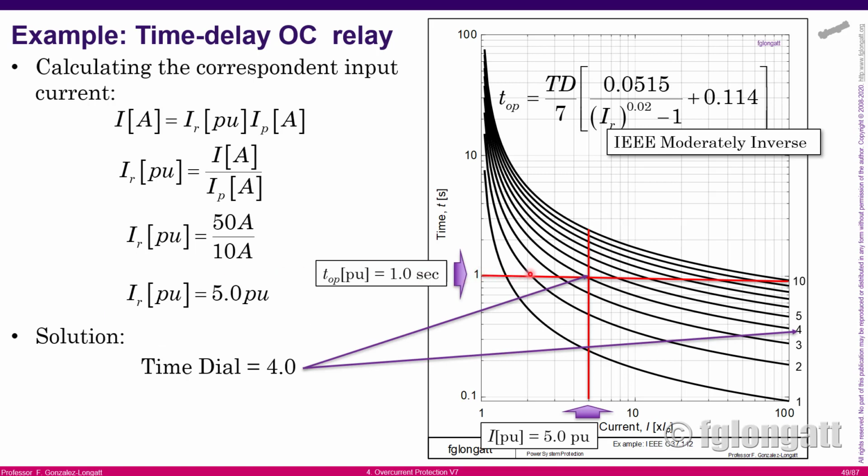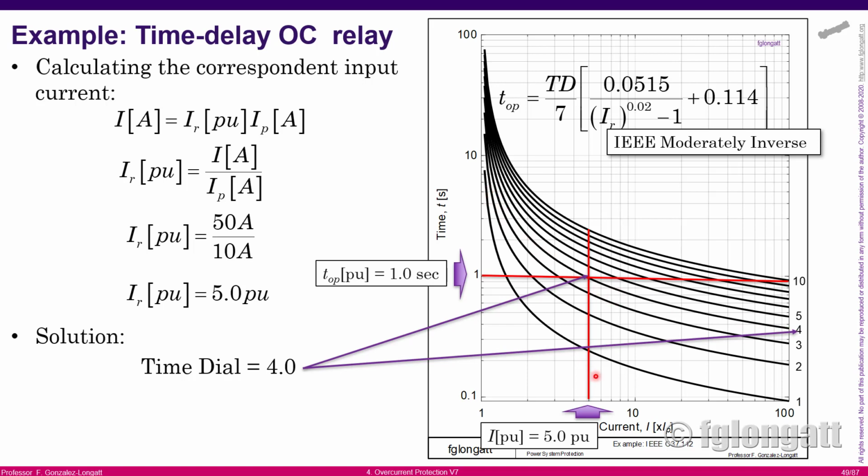We plot here a horizontal axis, a line that is horizontal, and that represents the line for 1 second. Then what we realize is our per unit current is intercepting the horizontal line for operation in 1 second at this point here, and that is the time dial number 4, okay?